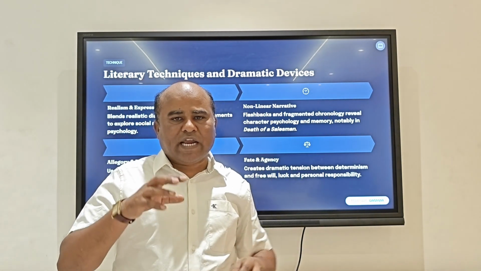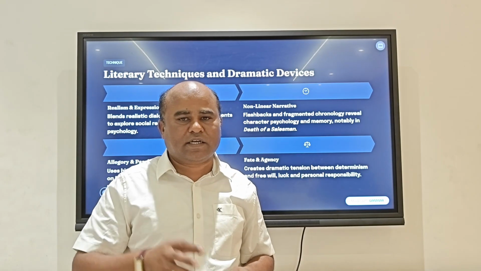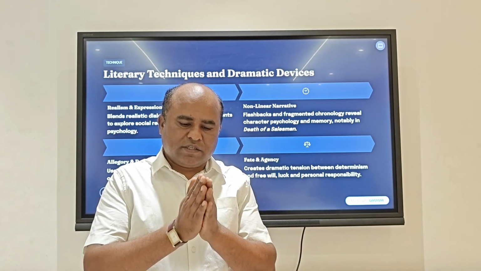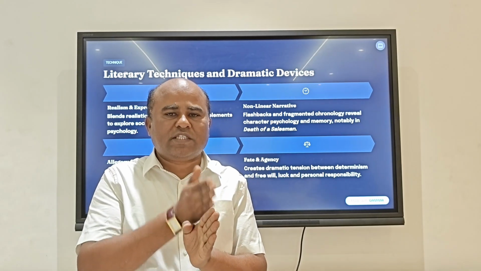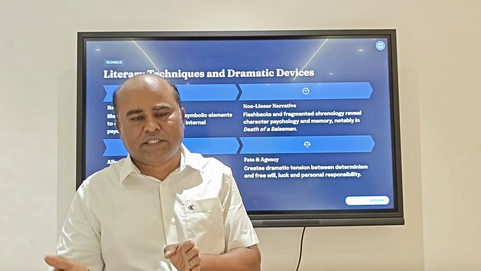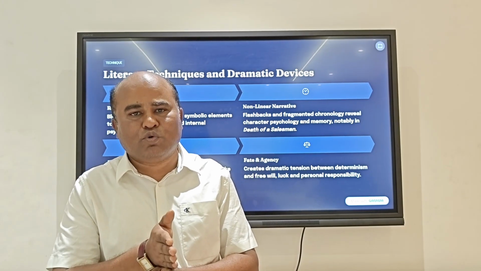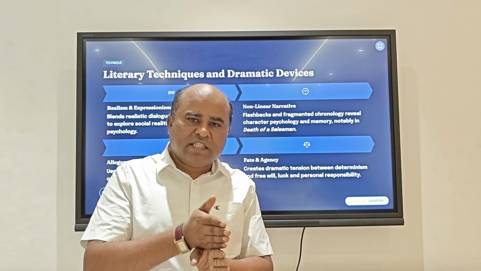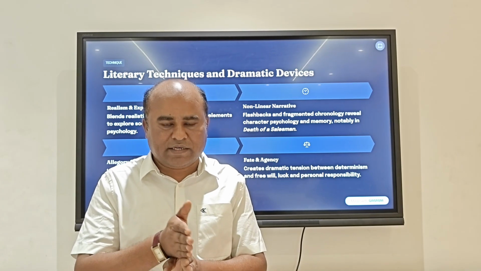Now, if you look at the definition of plot and story, the simple difference between plot and story is that story is a series of thens. King died, then queen died. That becomes a story. But king died, therefore the queen died of sadness becomes the plot, right?